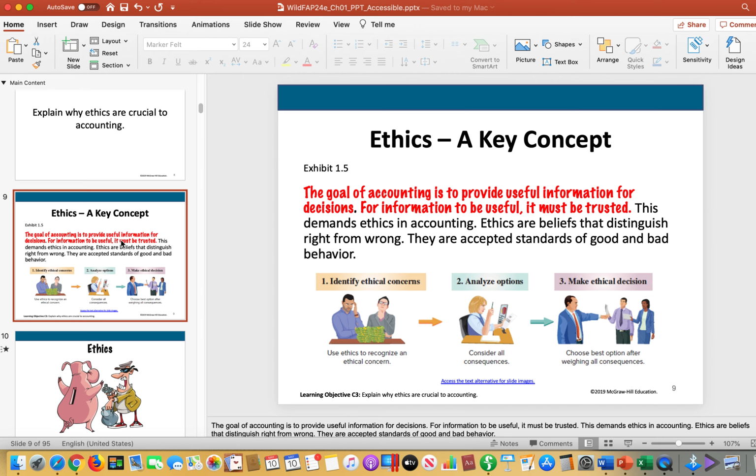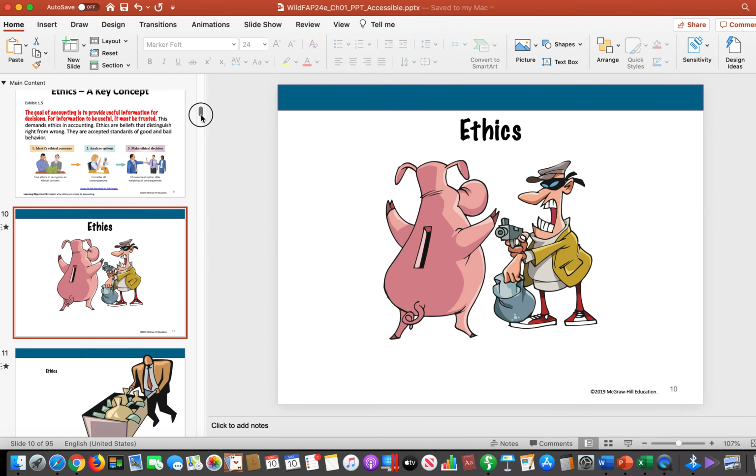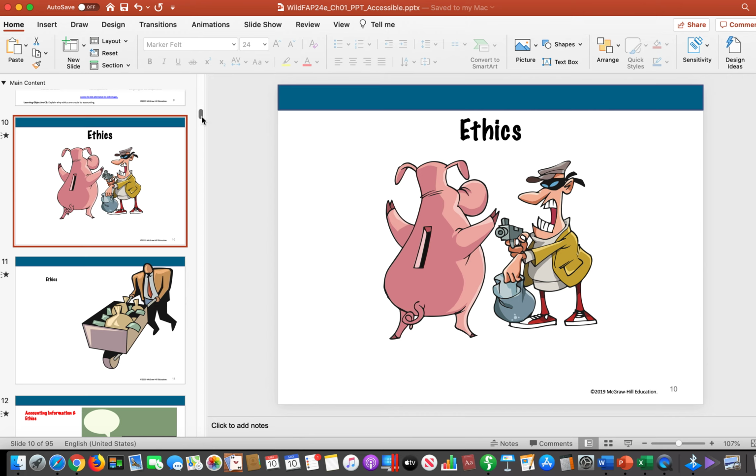Now, when it comes to ethics, we're talking about behavior. And so, for instance, here we see sometimes it would be unethical to, let us say, steal from the company.